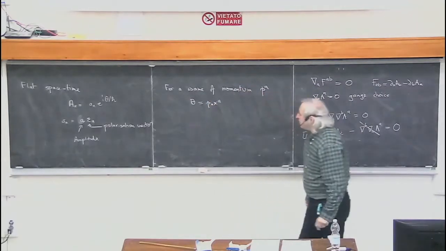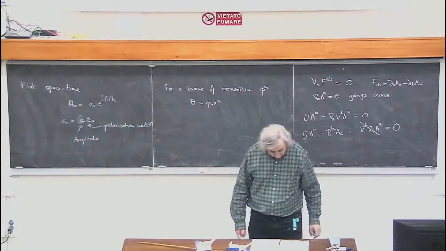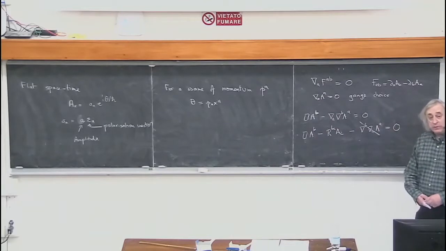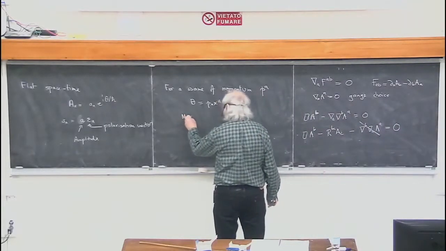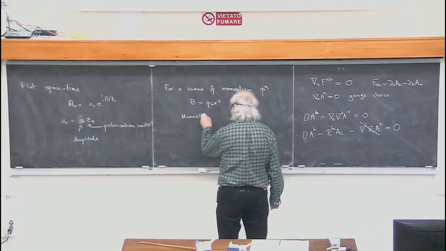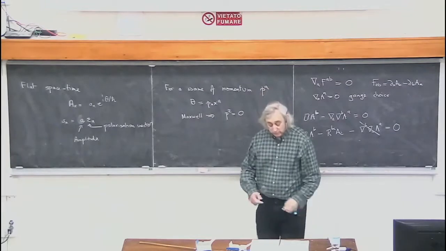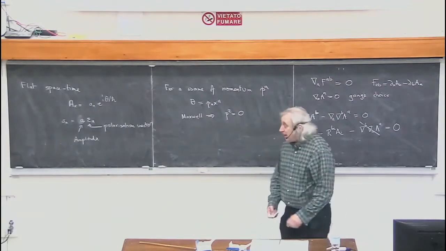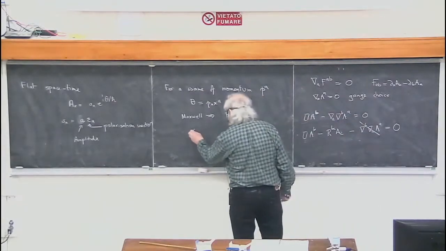So you would choose theta to be equal to p_A x^A. Maxwell's equations would then tell you that p squared is equal to 0. In other words, p is a null vector. And the gauge condition tells you that a^A times p_A is equal to 0.